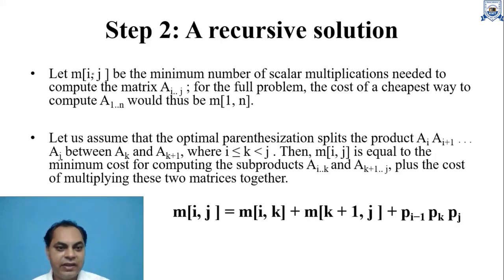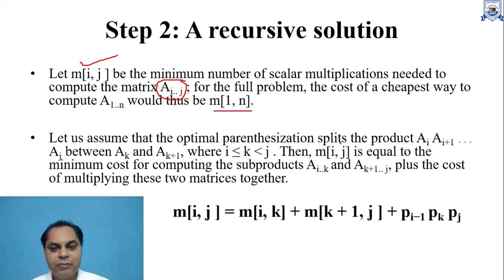Let's consider m[i,j] as the minimum number of scalar multiplications needed to compute the matrix product Ai to Aj. For the full problem, the cost of the cheapest way is to compute A1 to n, that means the whole problem size is n.